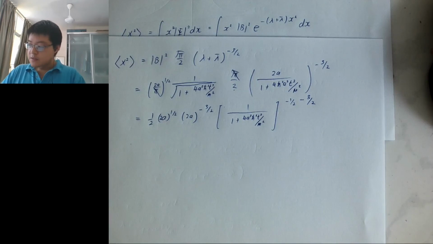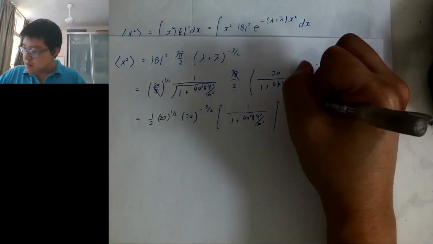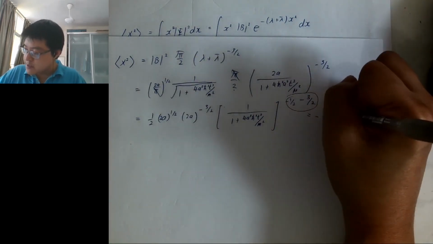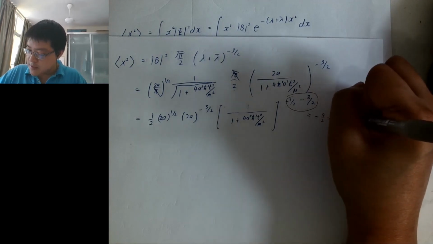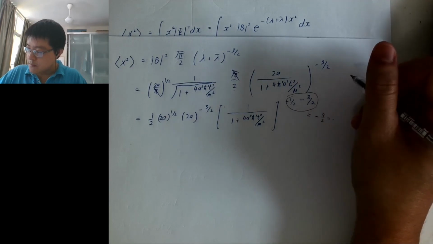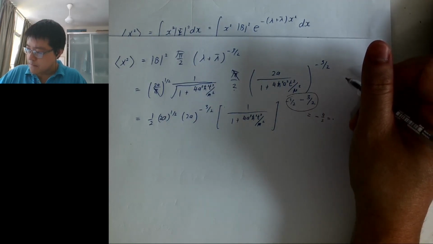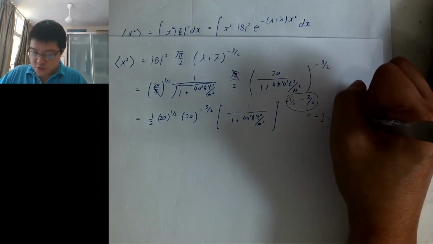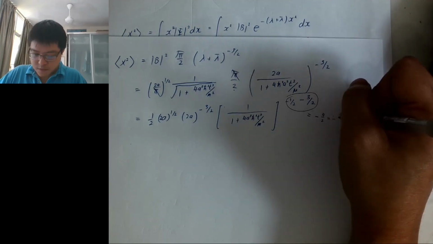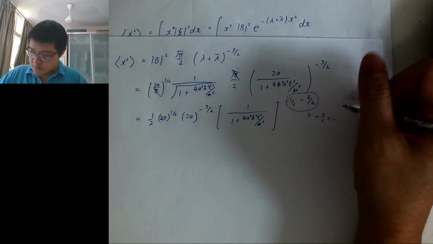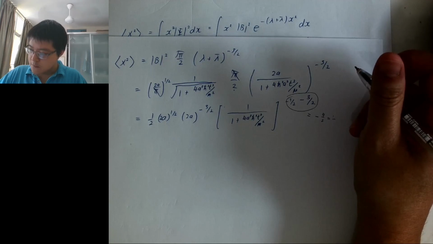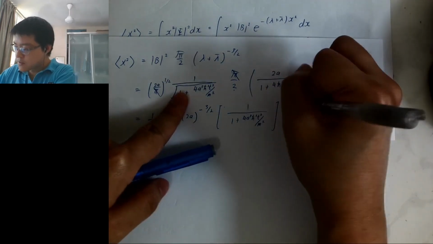Okay, so if I simplify this, this one becomes minus 4 over 2, which is just, hang on. Minus 2. Oh, there's already a 1 downstairs.